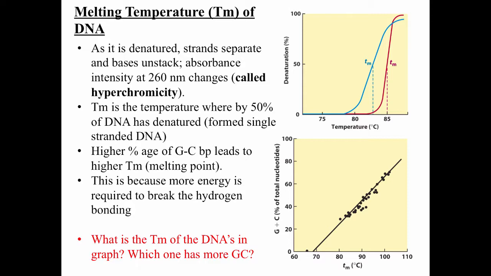Okay, so this plot right here is looking at the percent denaturation as a function of temperature. And looking at this plot, what is the melting temperature of the DNA in this graph? Based on the definition of Tm. What do you guys think?